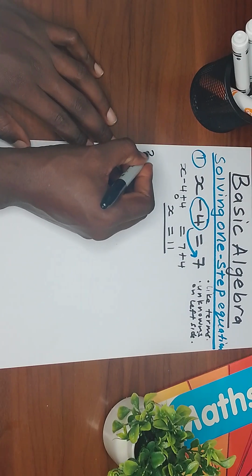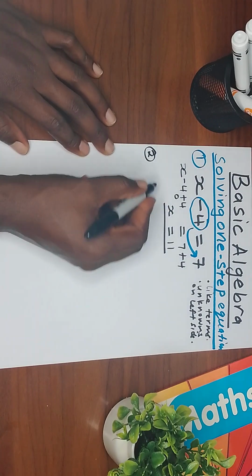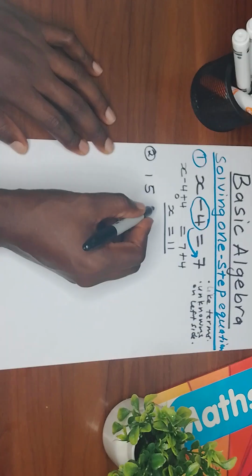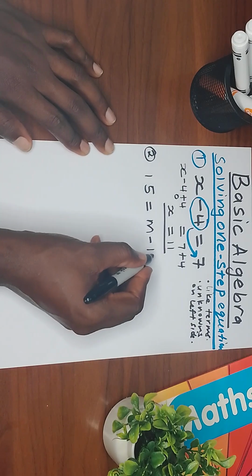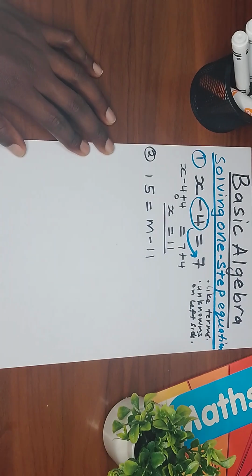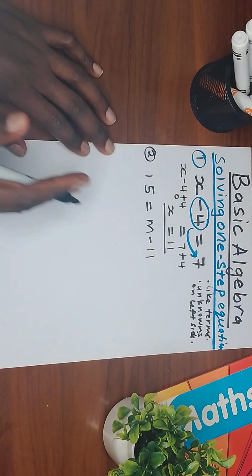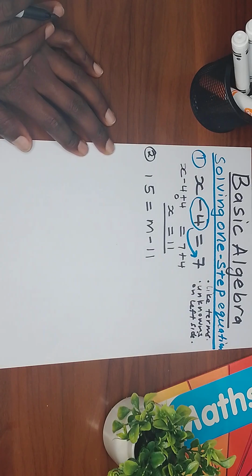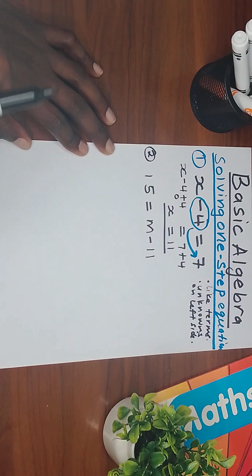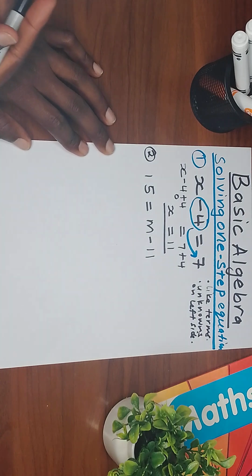Let's look at our next example here. We have our next example as 15 equals m minus 11. Now in this example, we said we want to collect like terms together, and then our next important thing is to make sure that we have all the unknowns on the left side.